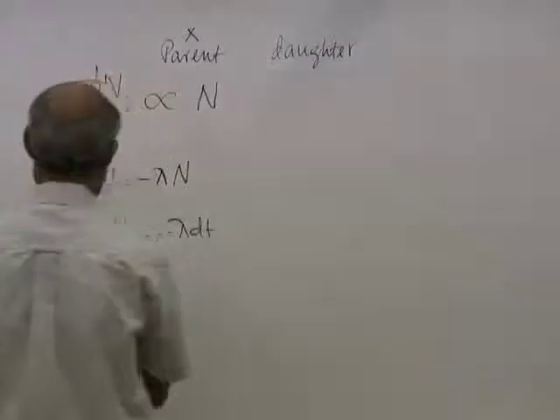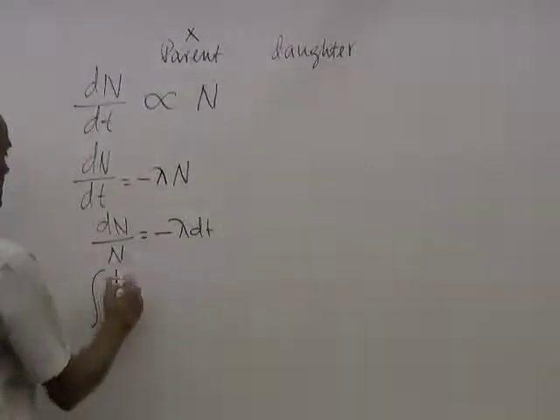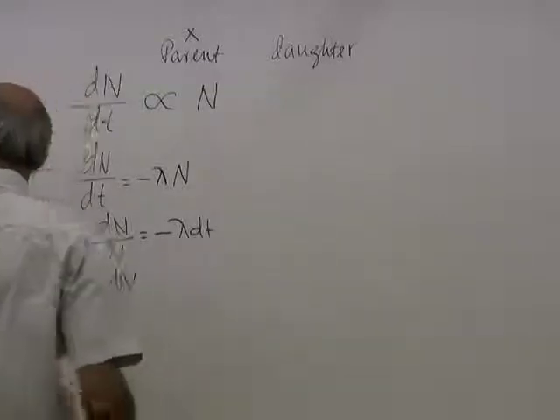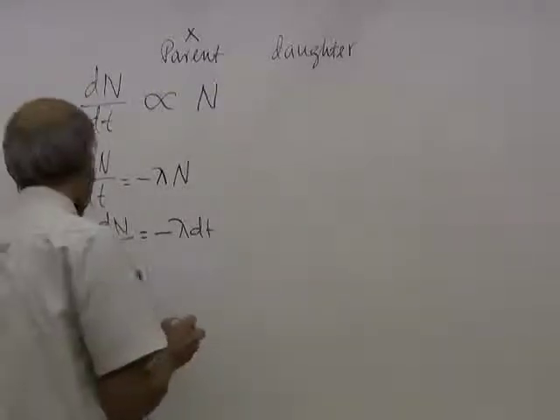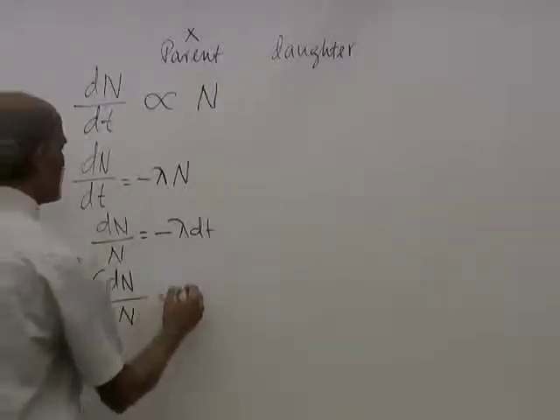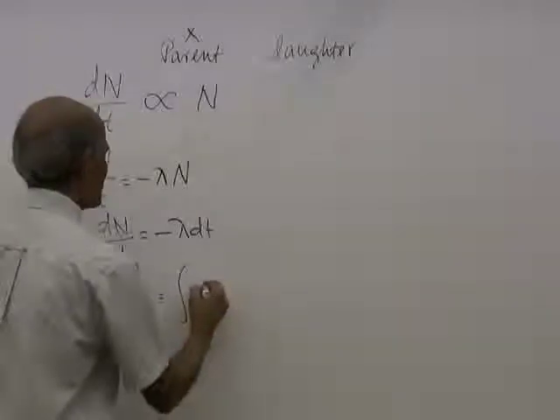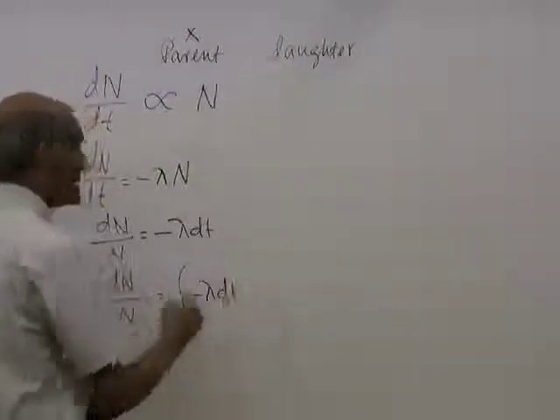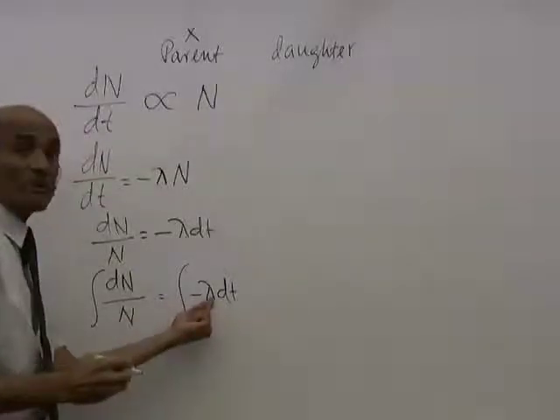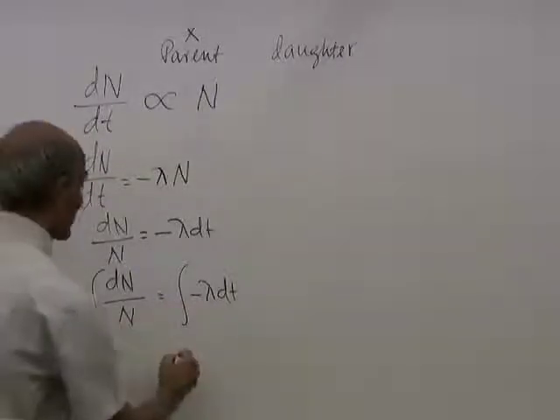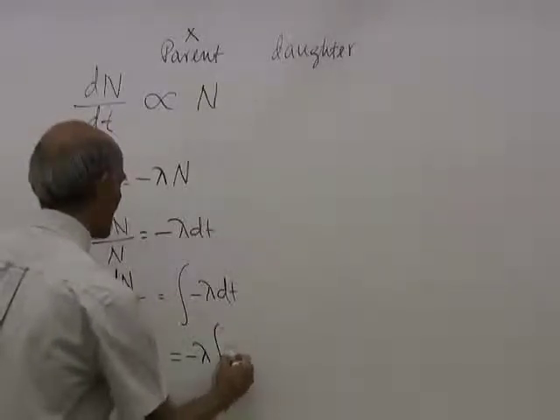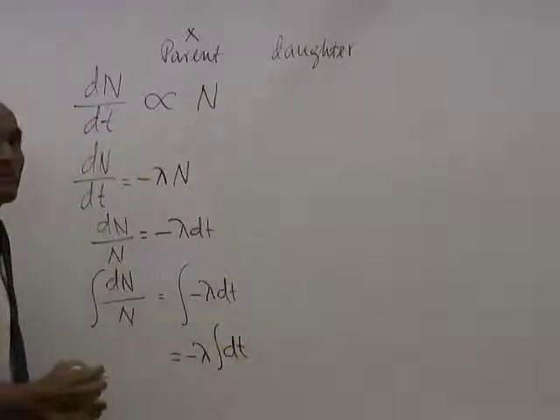Alright, so I would say integral dn divided by n equal to integral negative lambda dt. And of course, on the right side, the lambda is a constant, so I can write it like this. On the right side, negative lambda comes out, and you have integral dt.